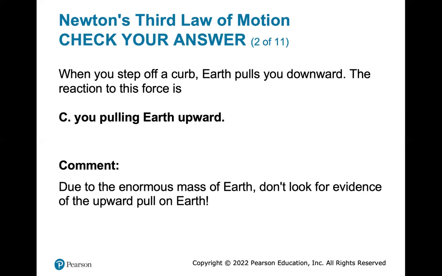The acceleration of the Earth is negligible because the mass of the Earth is so massive. But you are pulling the Earth up towards you. And we'll see that more when we get to Newton's universal gravitation law.